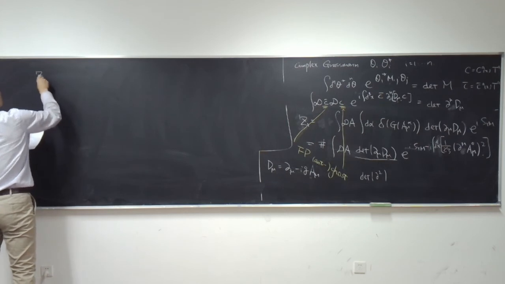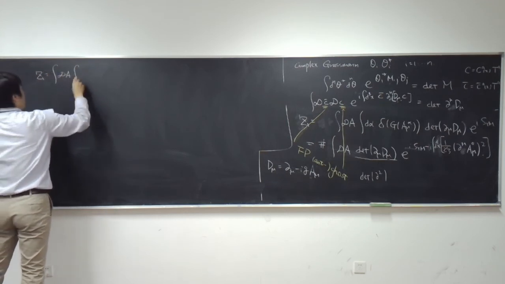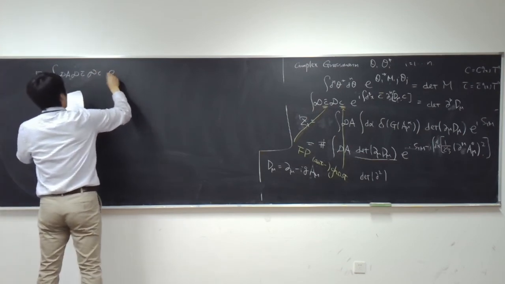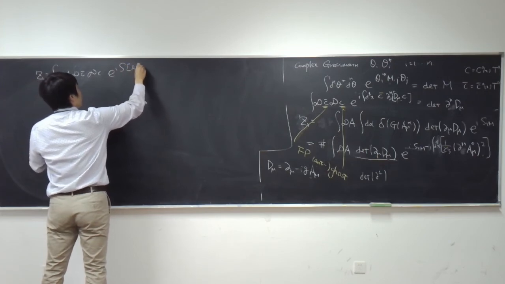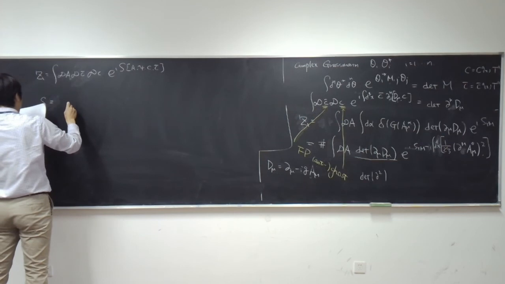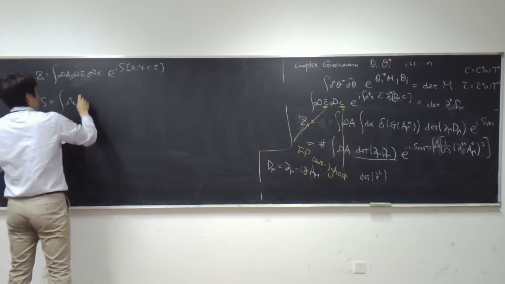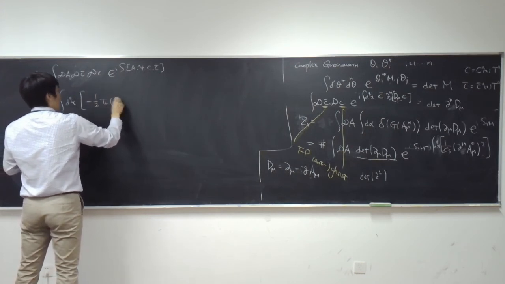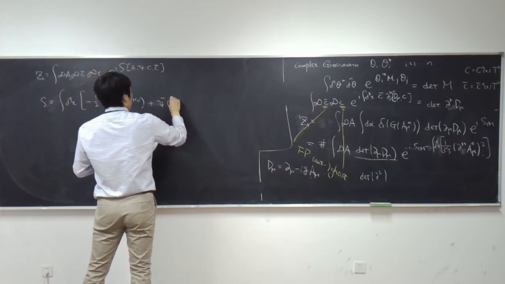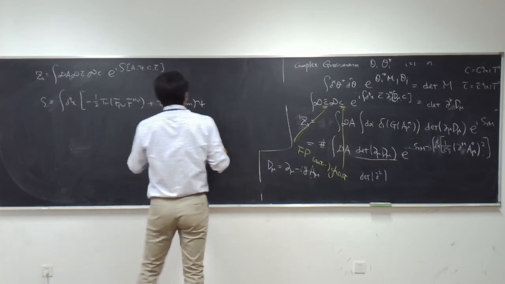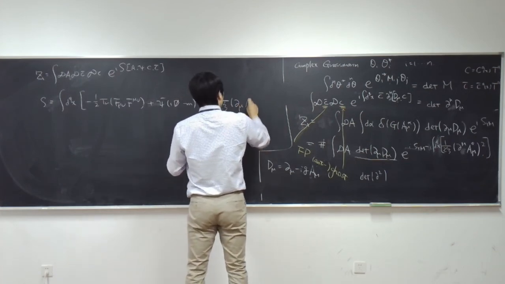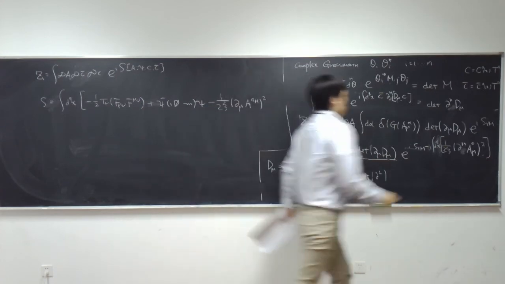So Z is the integral dA, dC bar, dC, e to the i S depending on A, psi, c bar, such that this S is given by the integral d4x of minus half trace F mu nu F mu nu, plus the Dirac term psi bar, minus a gauge fixing term here.